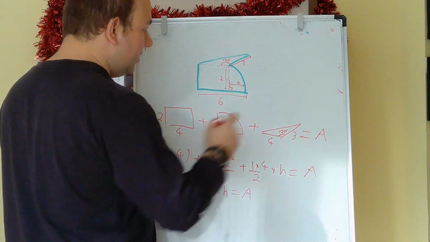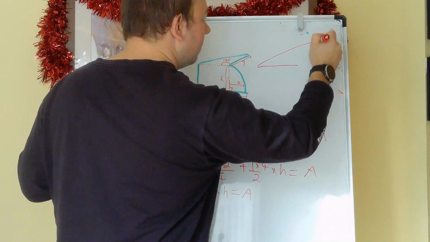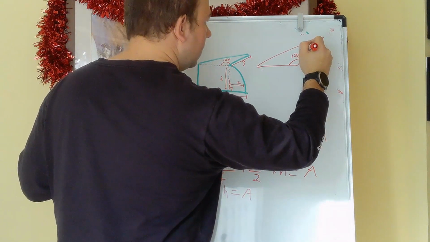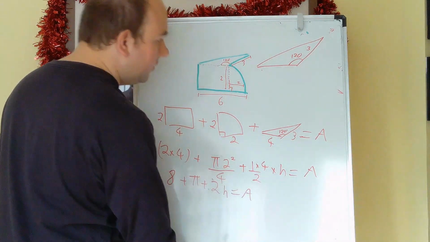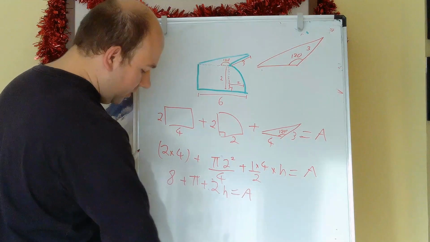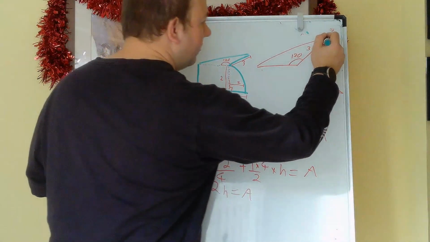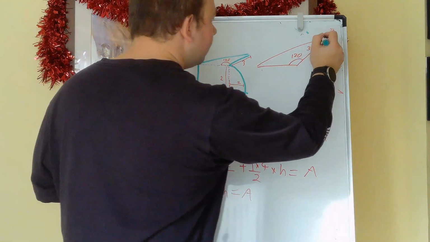However, what I'm going to do is draw it out large over here. And if I go with a green pen, I can draw a second triangle, which is a right angle triangle. And I know how to find the height of a right angle triangle. I can either use Pythagoras or trigonometry.